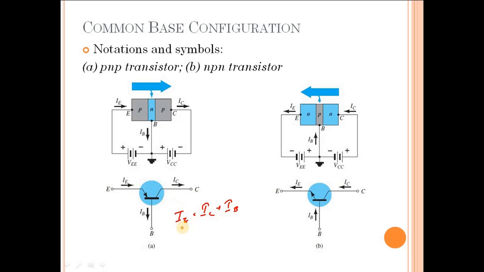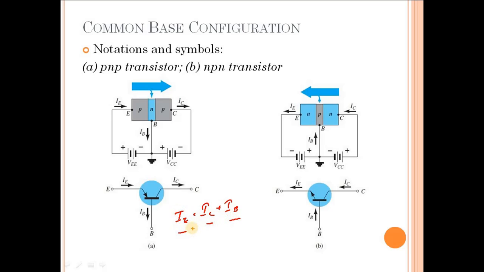Then we already know that whatever the direction of IE, opposite is the direction of IC and IB. That means if IE is outgoing, IC and IB must be incoming to the node. If IE is incoming, then IC and IB must be outgoing of the node.